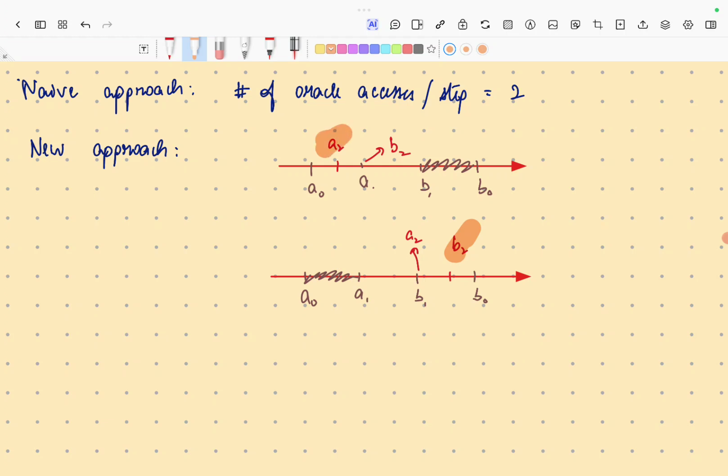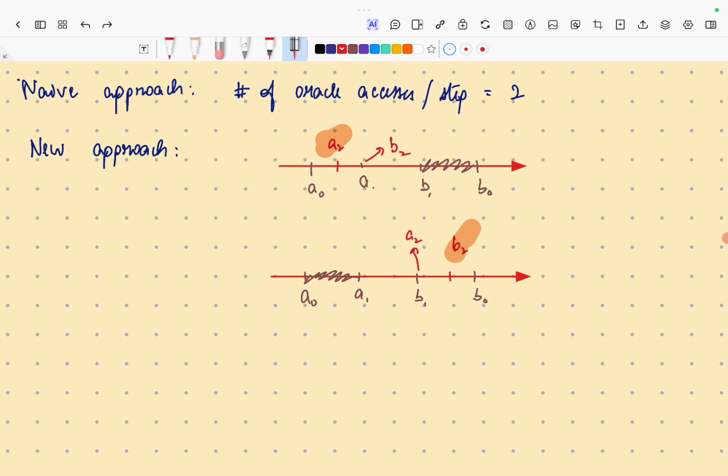I don't need to evaluate f of B2 in case 1, and I don't need to evaluate f of A2 in case 2. Is the principle clear?